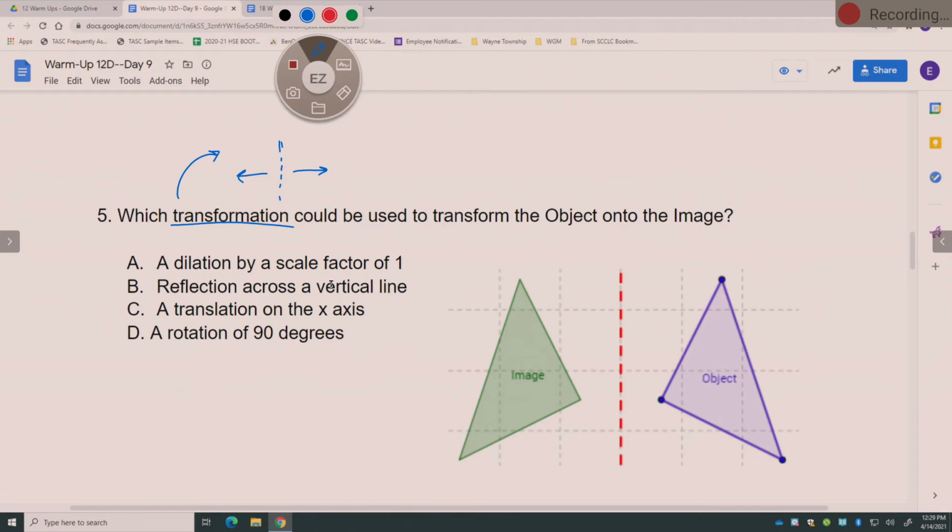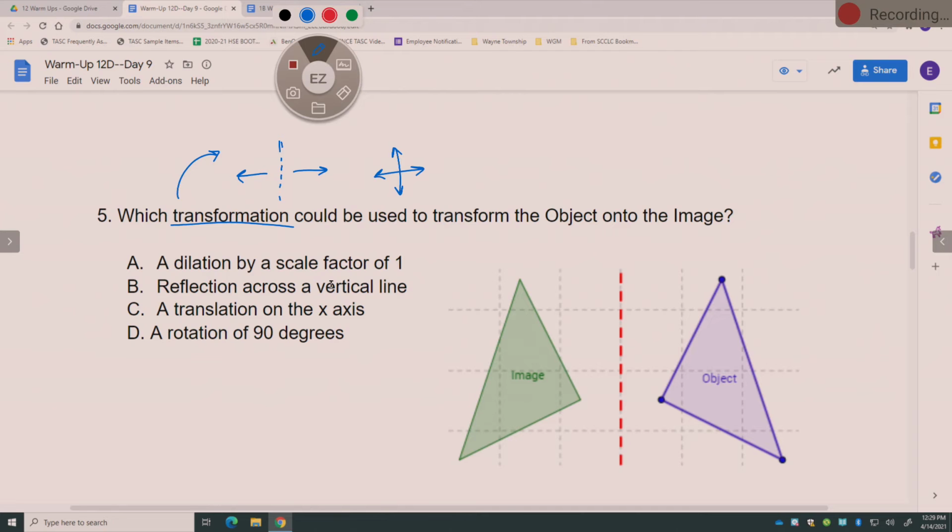We have translations, which just means we move it up and down or left and right. And those three, reflection, translation, and rotation, don't change the size. Dilations make something bigger or smaller.